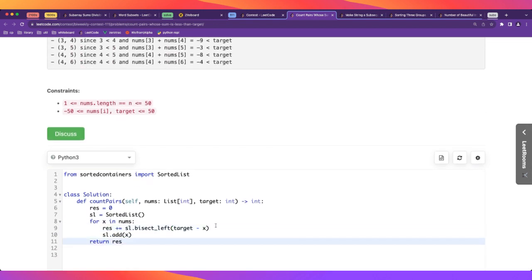So yeah, pretty standard kind of problem. It has, like I said, the two-sum type structure. So be aware of this trick.